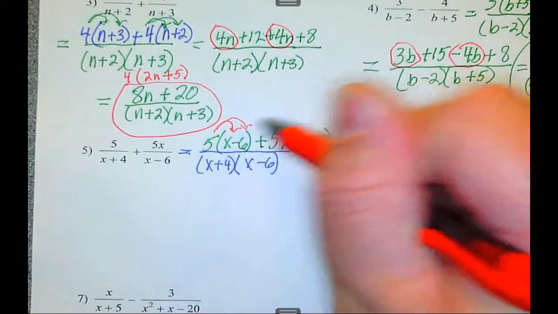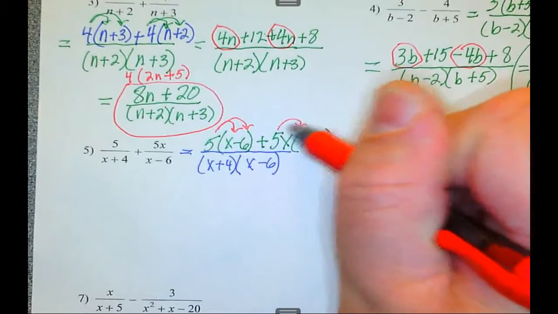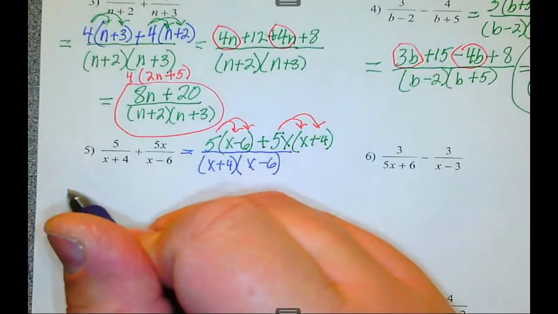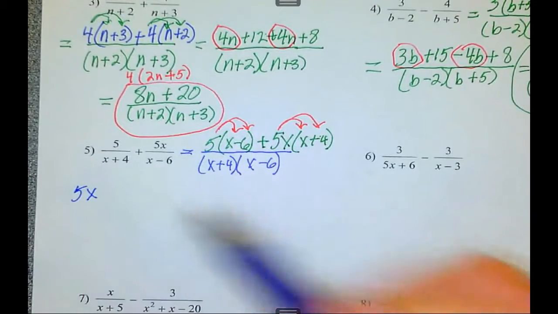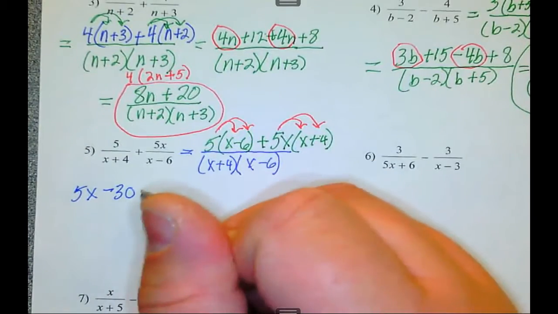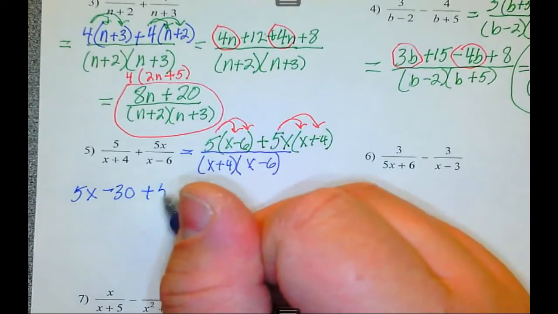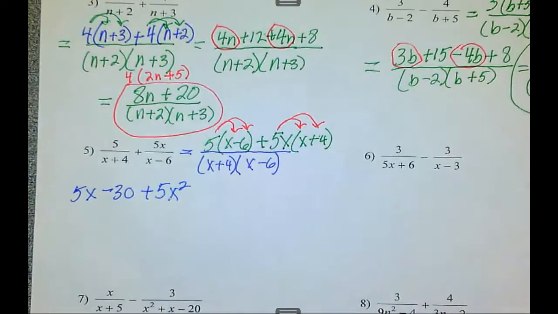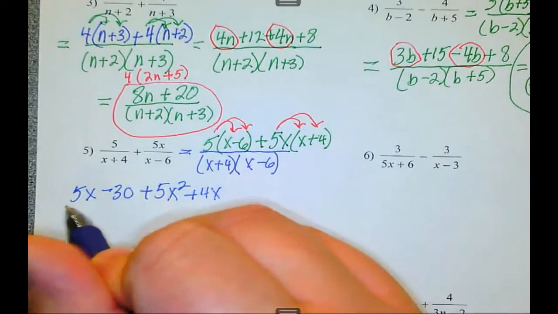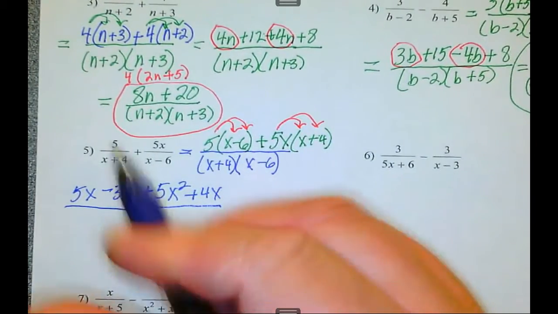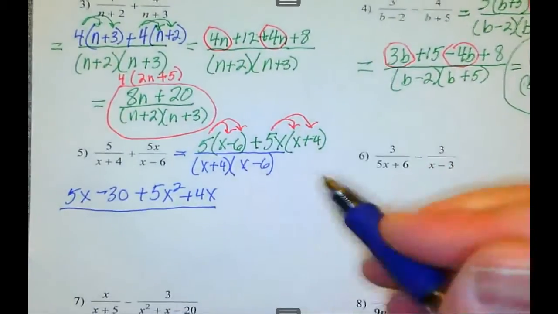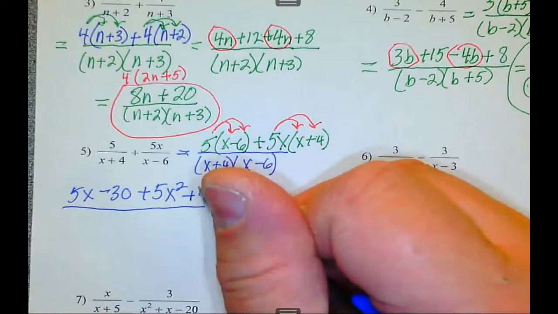Distribute the 5. Distribute the 5x. I have 5x minus 30 plus 5x squared plus 4x all over, did I screw something up? 20, yep, 20x.